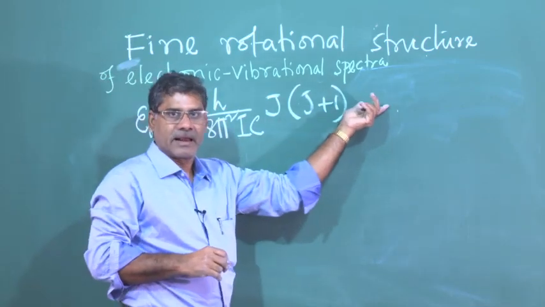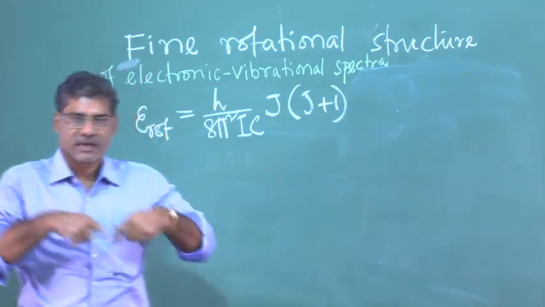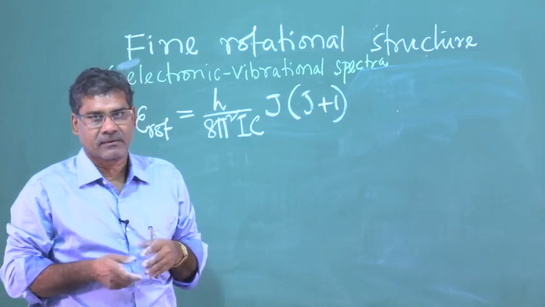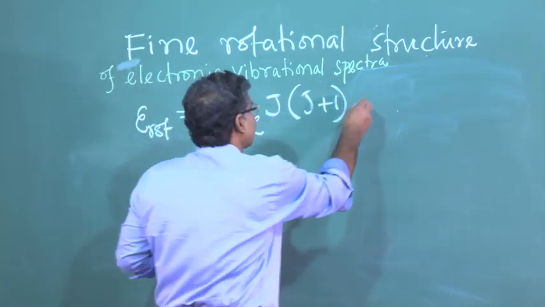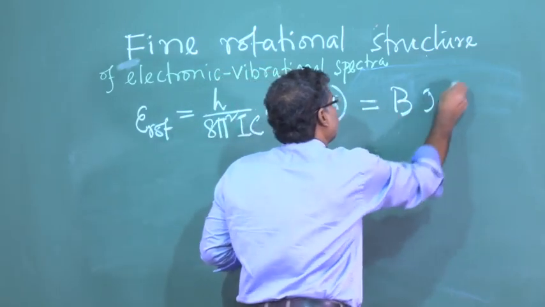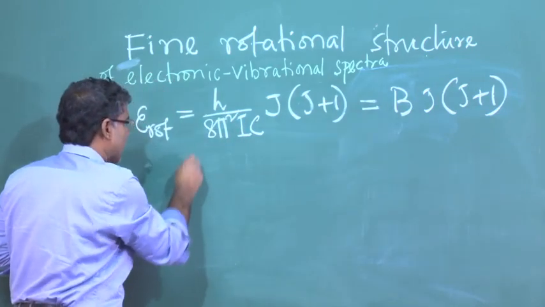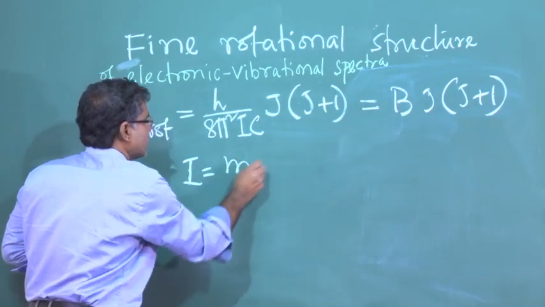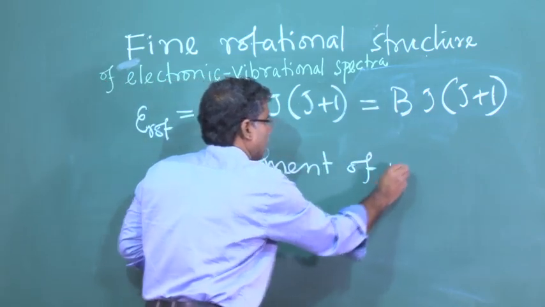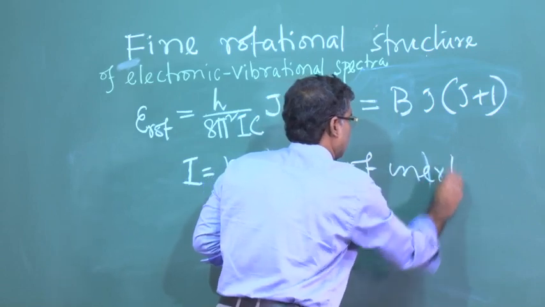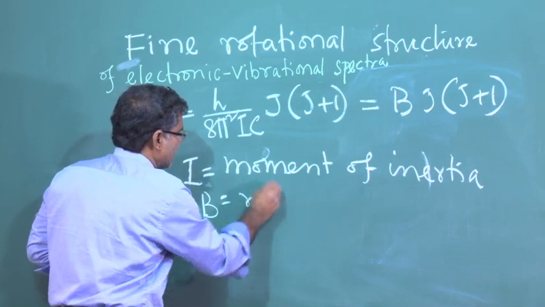If I neglect the distortion due to centrifugal force, the centrifugal distortion, the D term that was there, we are basically writing B J into J plus 1, where you remember I is the moment of inertia and B is the rotational constant.